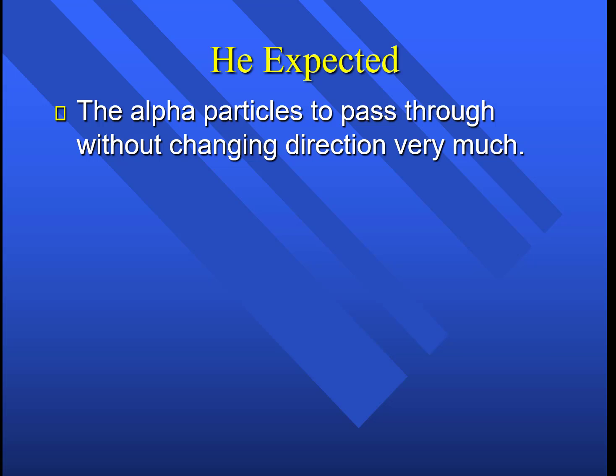Just like those atoms were much harder to turn in the Thomson simulation than the individual electrons. So expect it to go almost straight through. Just a little bit of turn, and we'll talk about why there was going to be a little bit of turn in a second. Okay, so most are going to go straight through. A few are going to turn a little bit. That's what he's expecting.